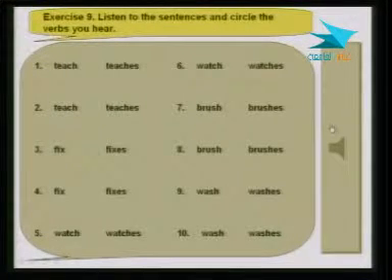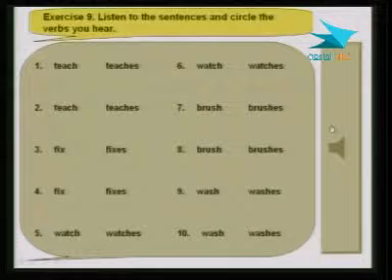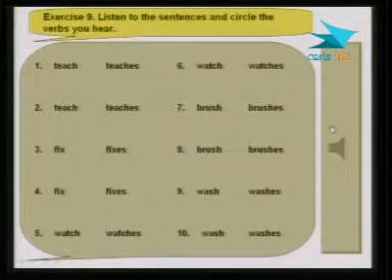Carlos and Chris watch DVDs on weekends. 6. Their daughter watches videos. 7. I brush my hair every morning. 8. Jimmy seldom brushes his hair. 9. The Johnsons wash their car every weekend. 10. Susan rarely washes her car.